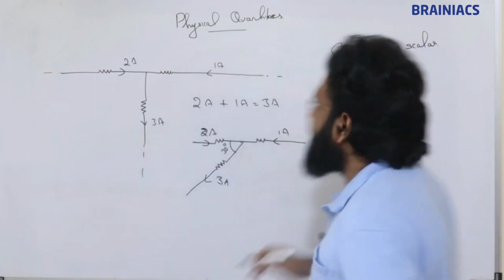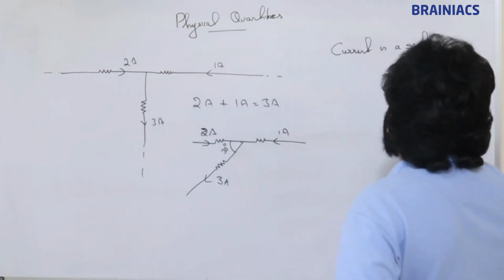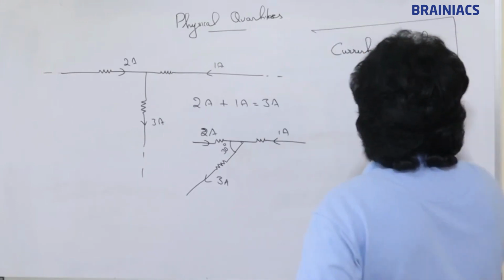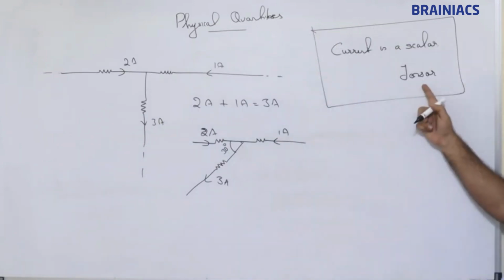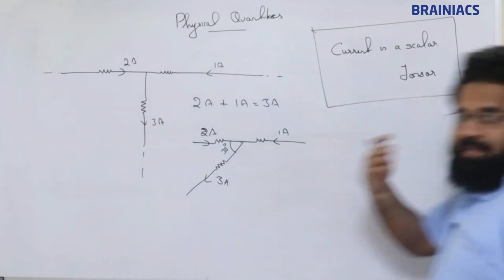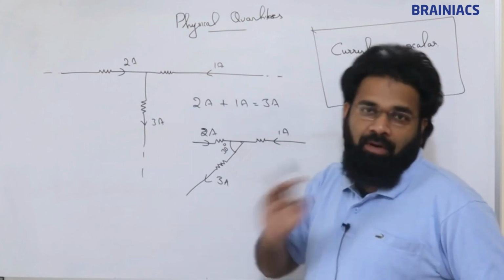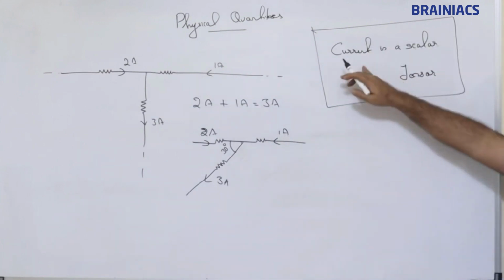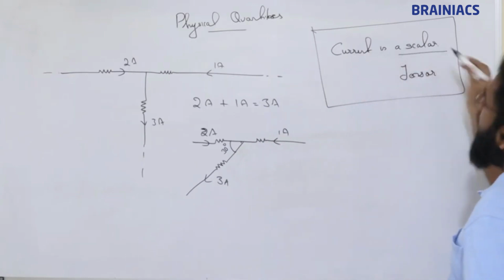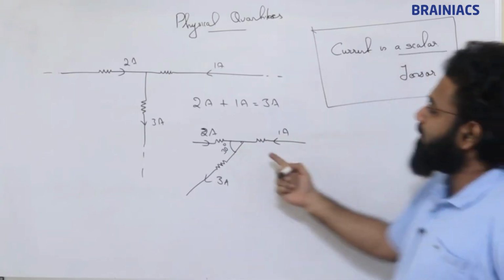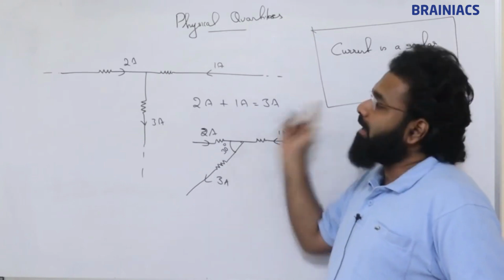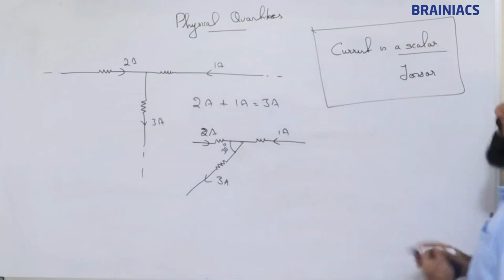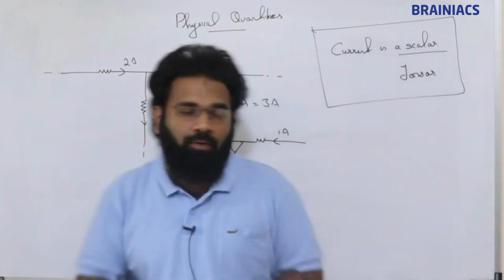Because of that, current is also considered a tensor. The correct term is that current is a tensor, but we don't study tensors in our syllabus. Current is called a tensor, but it is also a scalar in the sense that it is not obeying vector algebra, just linear algebra. Clear? I told this just for your understanding.